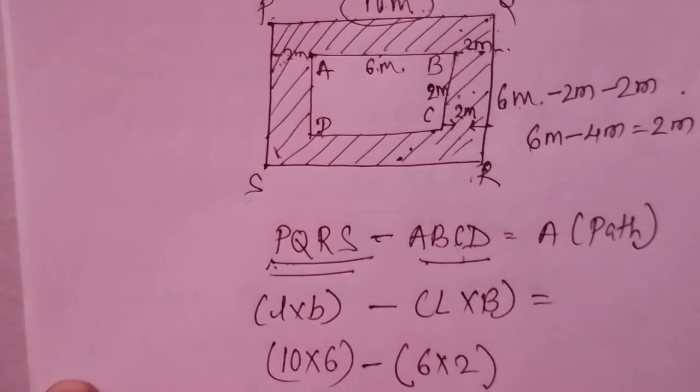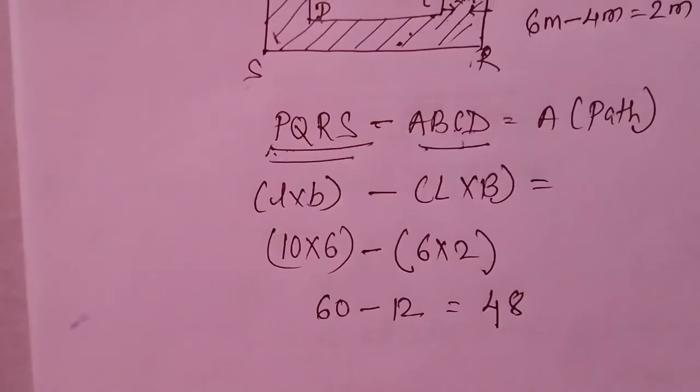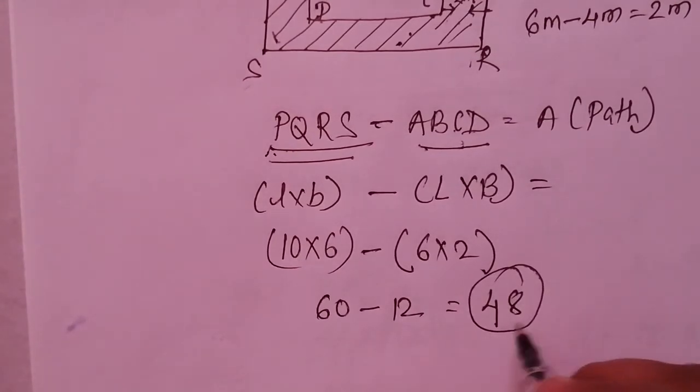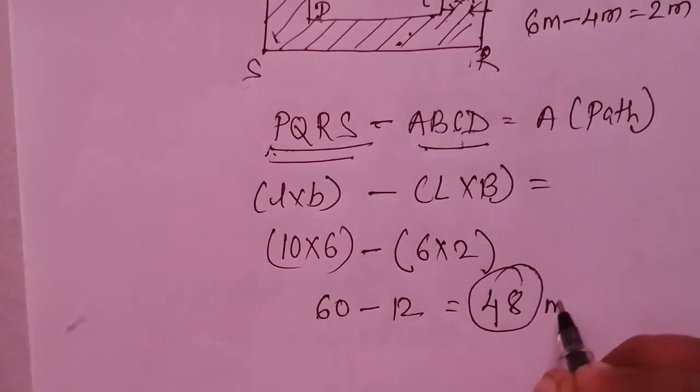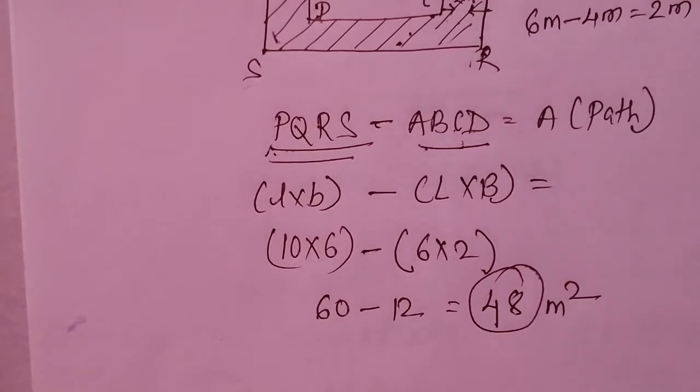That is 60 minus 12. If you subtract this, you will get the answer, 48. This is the area of the pathway. Since the measurements are given in meters, the area will be in meter square.